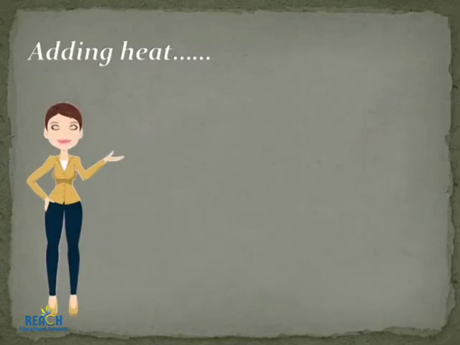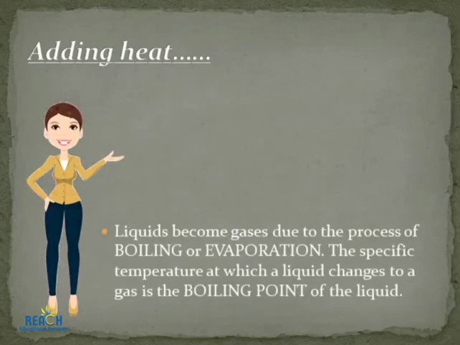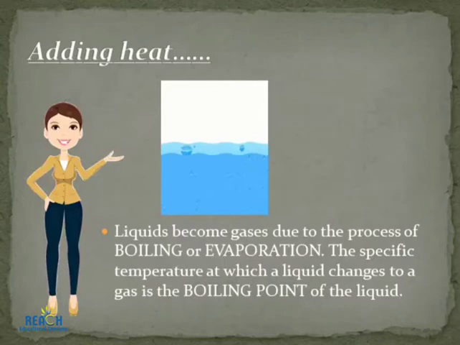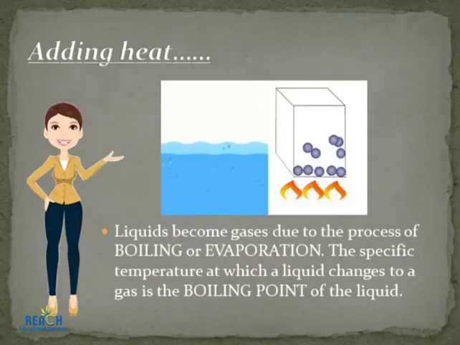In most cases, this will result in a liquid changing state to become a gas. Liquids become gases due to the process of boiling or by the process of evaporation. The specific temperature at which a liquid changes to a gas is called its boiling point.